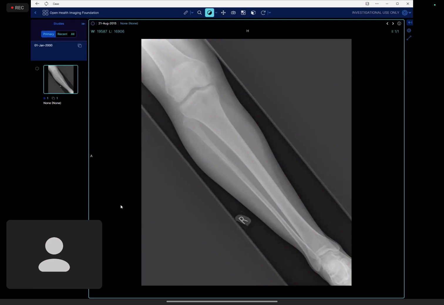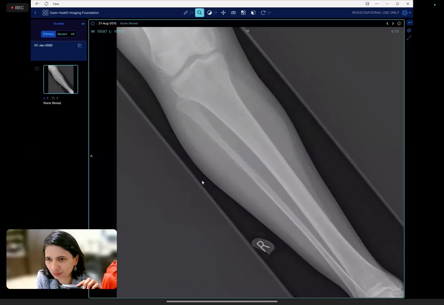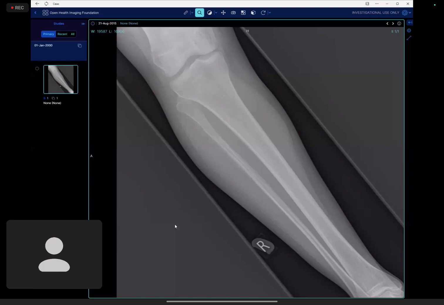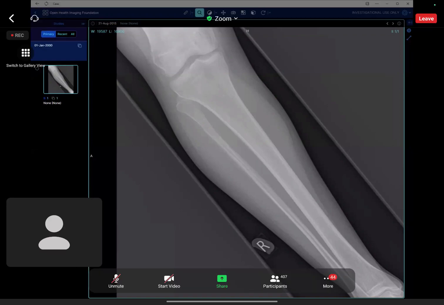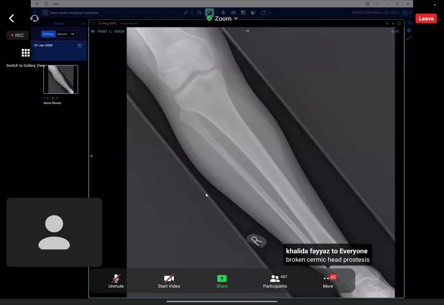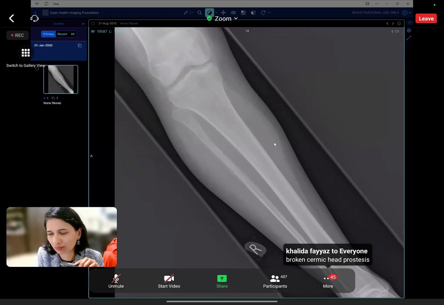So I'm presented with the anteroposterior view of the knee. I'm just having a look to see if there are any fractures or lesions. I think I could see a slight lucency at the medial aspect of the femoral condyle. I'm not sure if that's projectional.